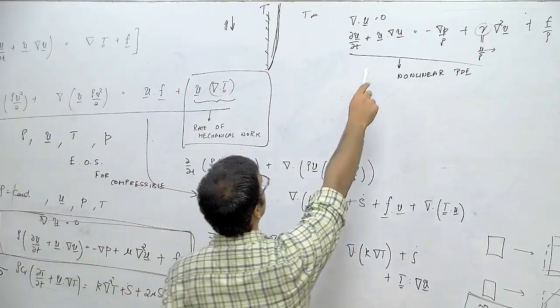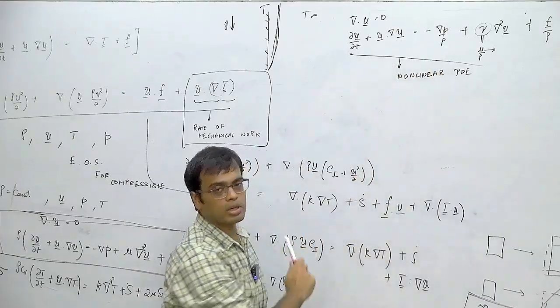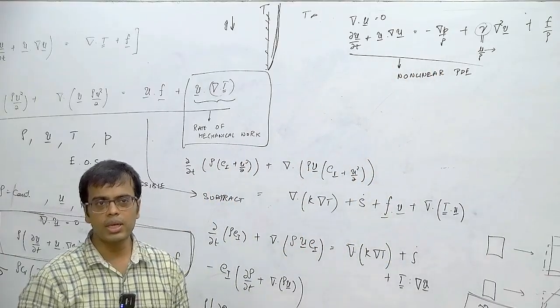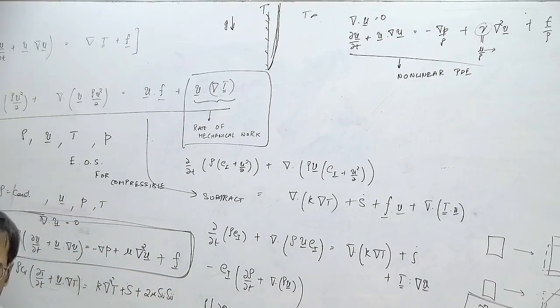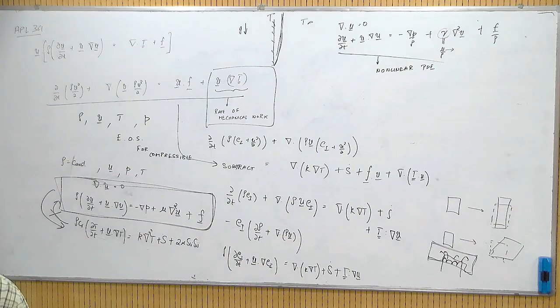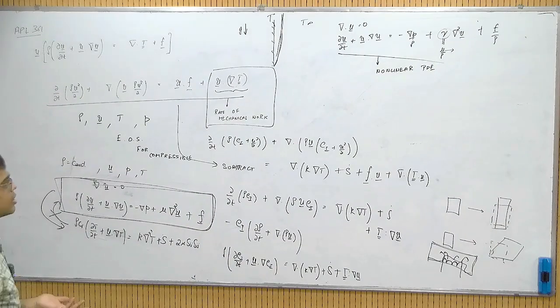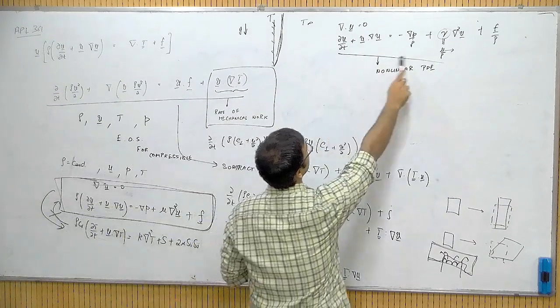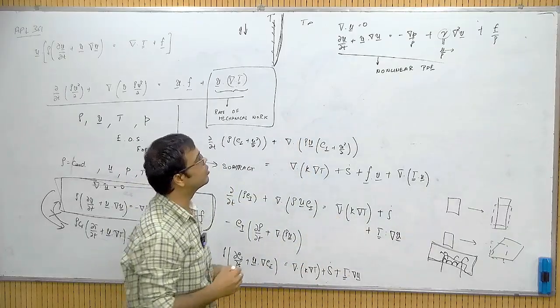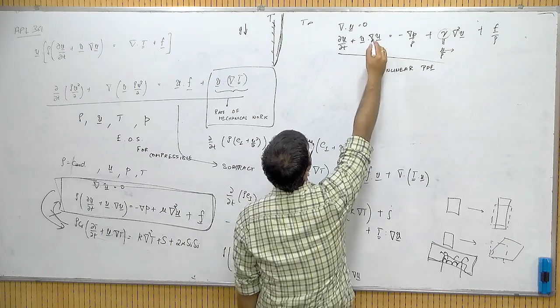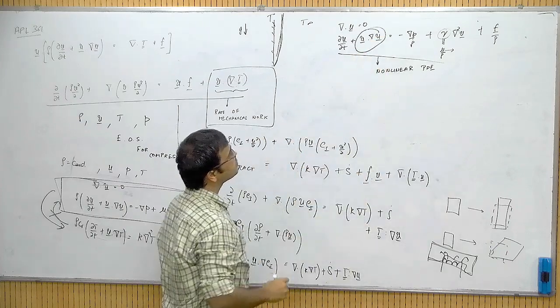The unknown is velocity here, and you have a product of velocity. The mathematically rigorous way of showing that is you take one velocity u1, you take u2. If u1 and u2 obey the equations, then u1 plus u2 must obey the equations for a linear system. If you do that, you will show that this is not a linear system. So this is a non-linear PDE specifically due to this term.